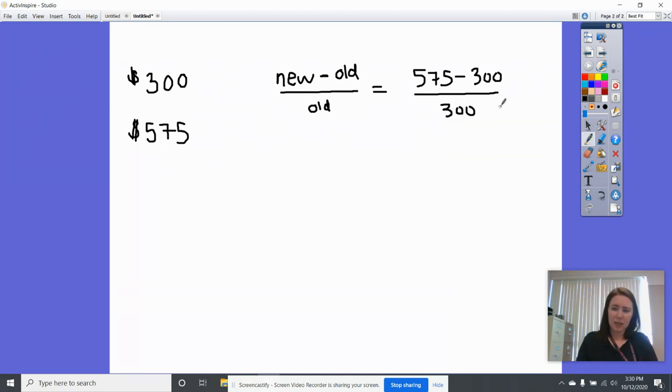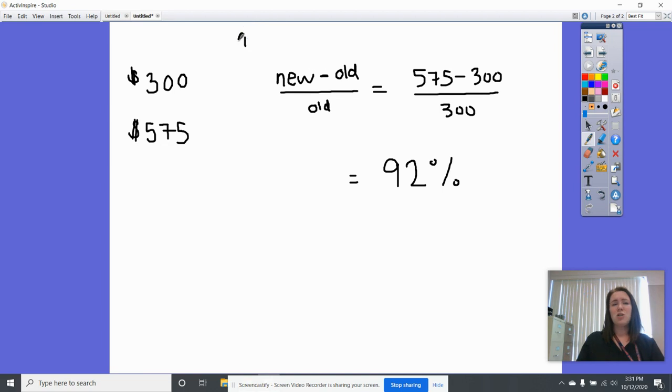And I'm just going to type it in my calculator, literally typing a fraction. And in the top of my fraction, 575 minus 300. And in the bottom of my fraction, 300. When I click enter, it gives me a fraction. I'm going to change that into a percent, rounded to a whole percent. The markup was 92%. So Costco marked the price up 92%.